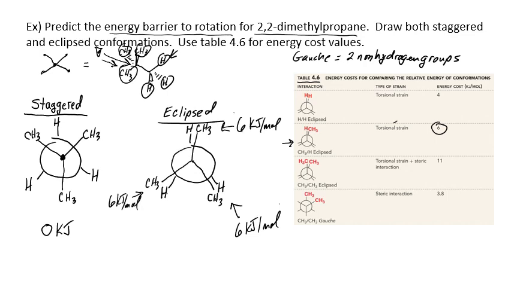So if we add them up, we have 6 plus 6 plus 6. The total energy cost is 18 kilojoules per mole. So the eclipsed conformation has an energy cost of 18 kilojoules per mole. The staggered conformation has an energy cost of 0 kilojoules per mole. Therefore, the energy barrier to rotation is 18 kilojoules per mole.